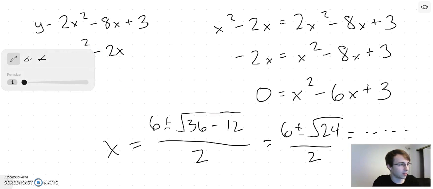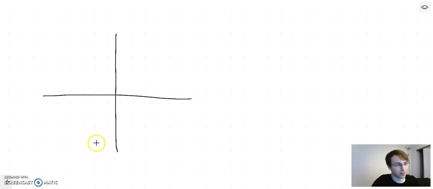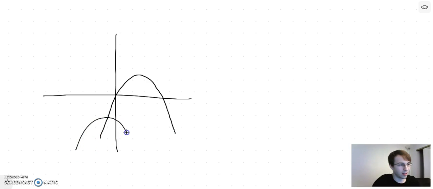Let's build some graphical intuition behind what the solutions look like. So when you've got systems of parabolas, maybe you have two parabolas that intersect at this one point.